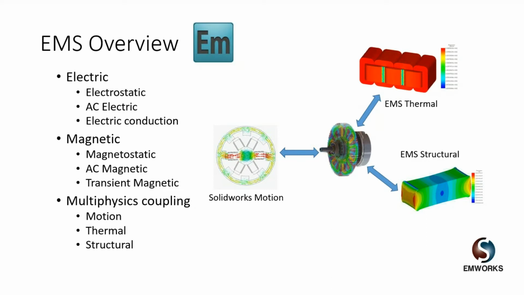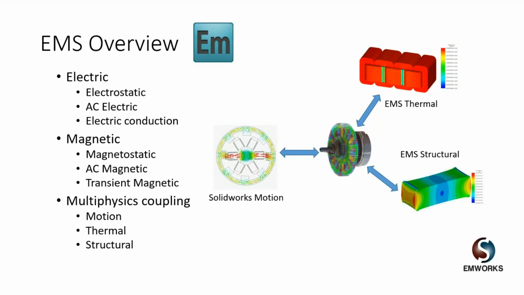It's a frequency domain solution, so you can also compute stuff like dielectric losses that come with the changing electric field. Finally, the last electric solver would be electric conduction. This one allows you to compute steady-state DC current distribution in your parts, and a typical application would be a fuse design.